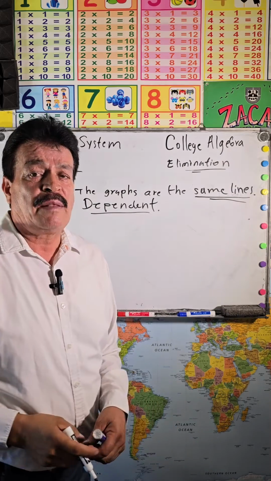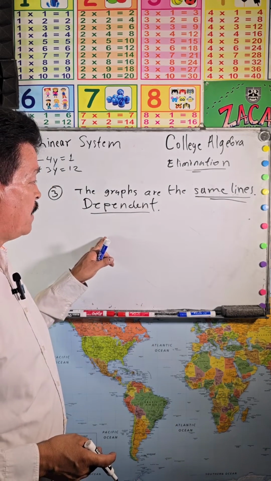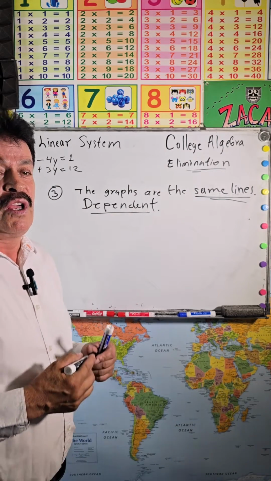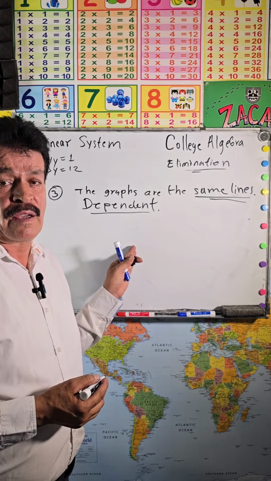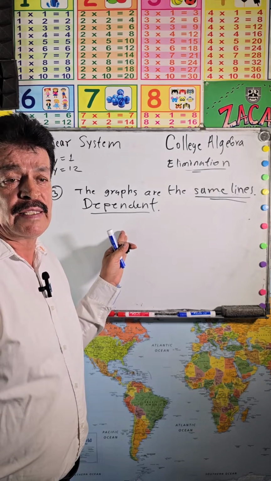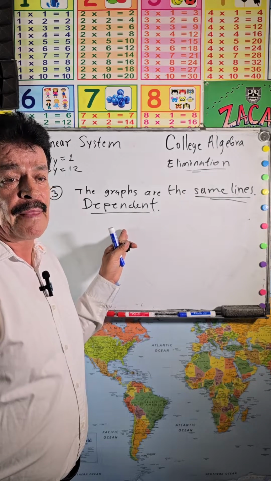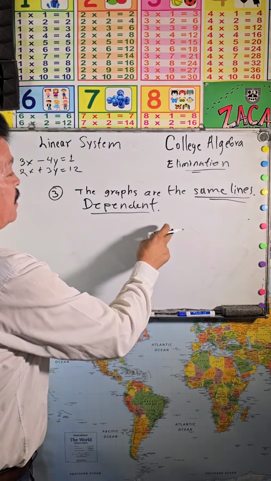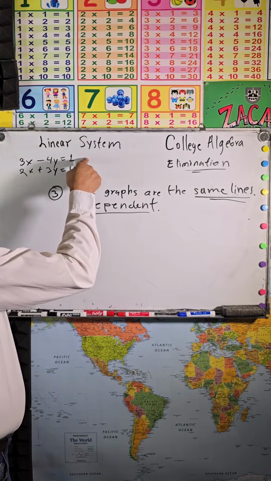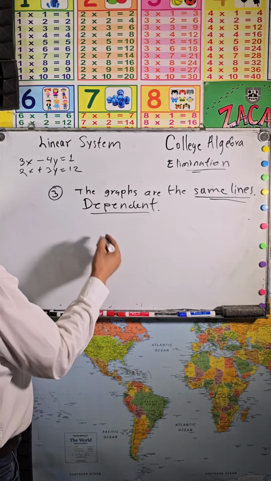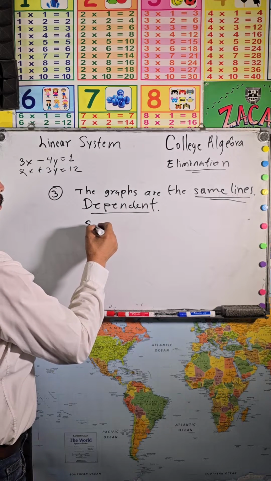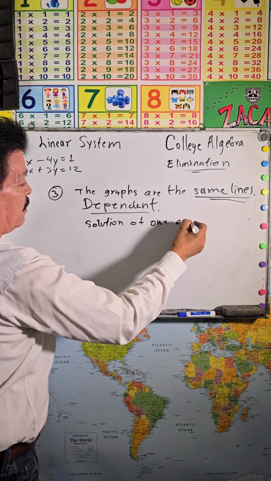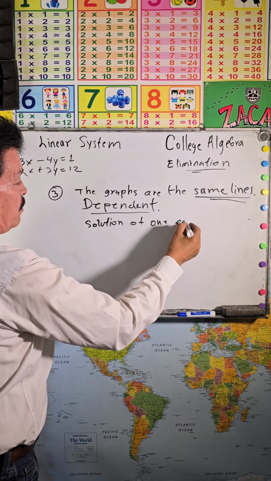These are very close concepts, so I don't want to write too much. The solution of this equation is also the solution of the other. In this case, the solution of one equation is the same solution to the other equation.